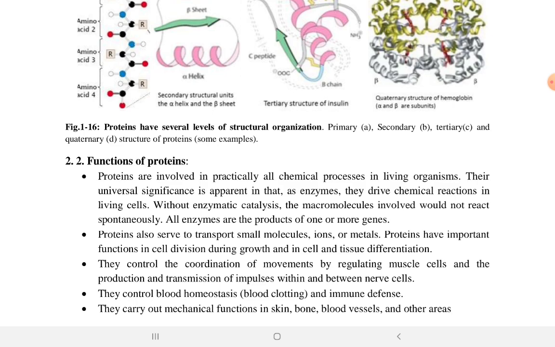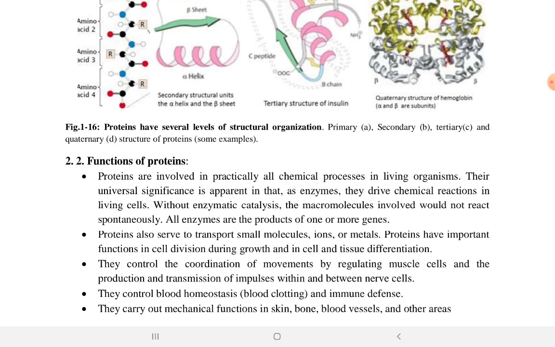So their universal significance is apparent in that they act as enzymes, and they drive chemical reactions in living cells. Though they are involved in particular chemical processes, they also drive the chemical reactions in living cells.